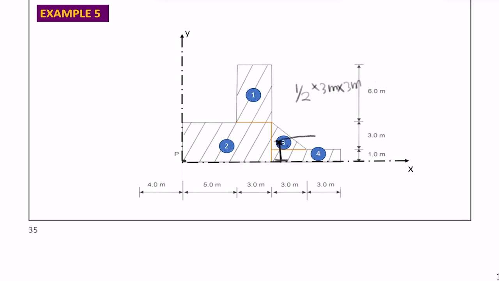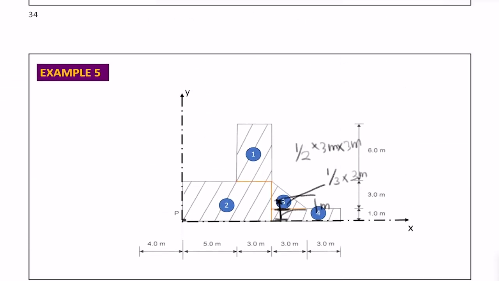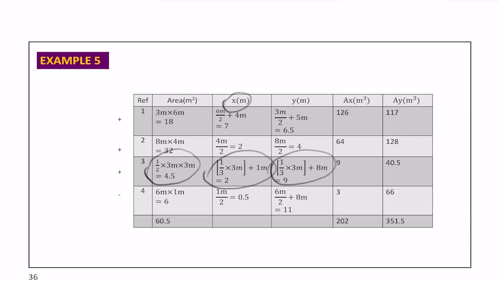Therefore, this one is going to be 1 over 3 times 3 meter, and then you have another 1 meter below here. Therefore, 1 over 3 times 3 plus 1 meter. And the distance from the y-axis, because we want the y bar, this one will be 1 over 3 times 3 meter. And you have another balance here, 8 meter. 1/3 times 3 meter plus 8 meter. And get the A x bar and A y bar.